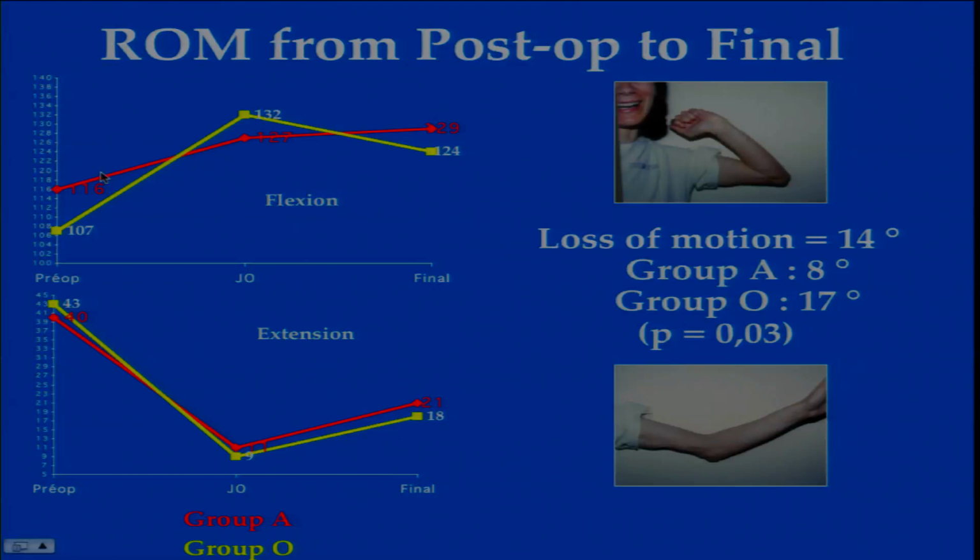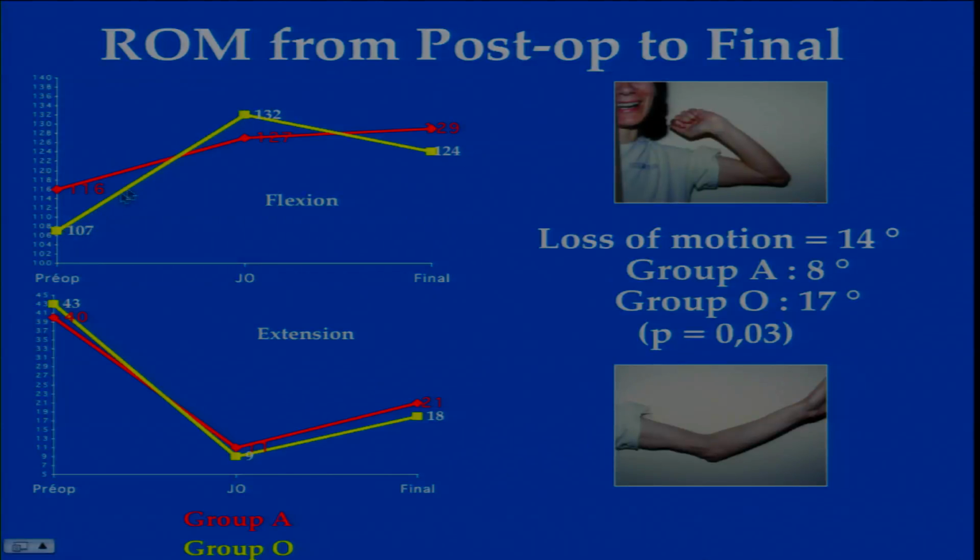Here are the results. If you look at the preoperative status, in red the arthroscopic group, in yellow the open group, you can see that the stiffness was quite more important in the open group, and it will recover during operation much more than the arthroscopic group.